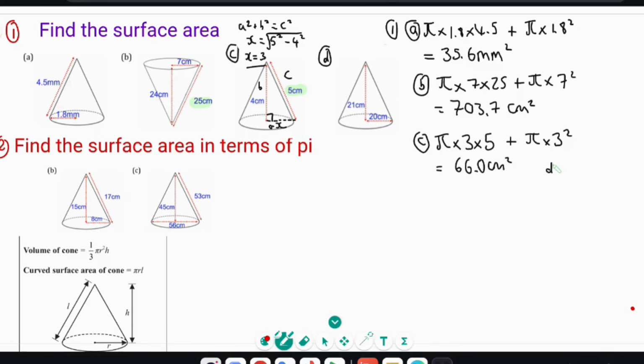And then part D. This time we don't have the L, but again it's Pythagoras. A squared plus b squared equals c squared. We are finding the hypotenuse, so we're squaring, adding and square rooting. 29.